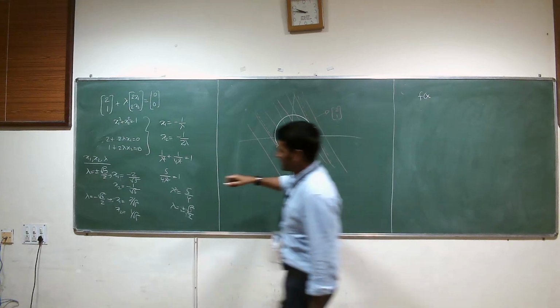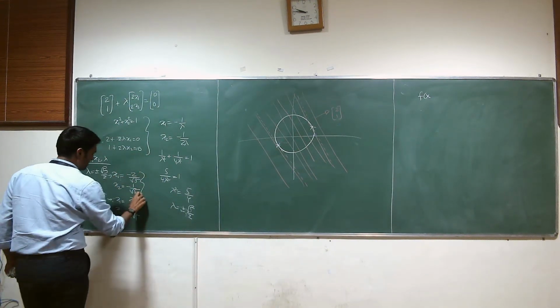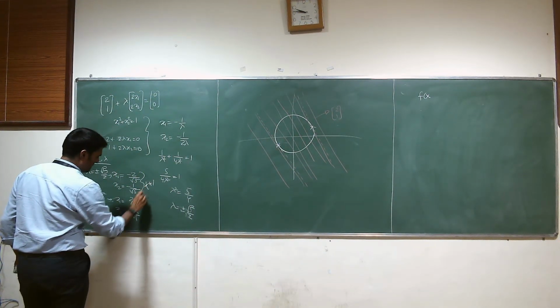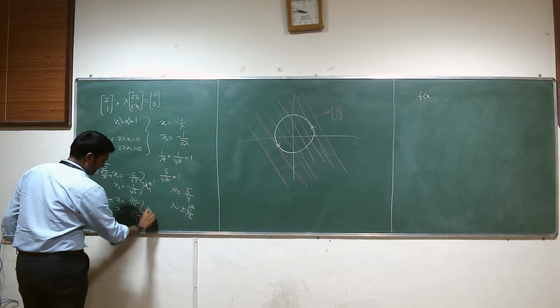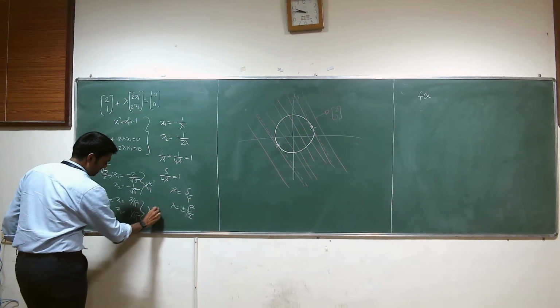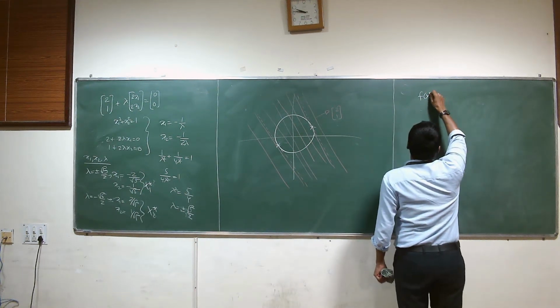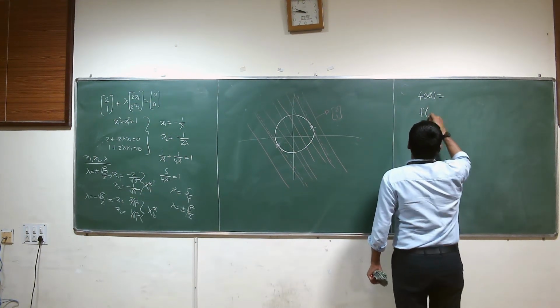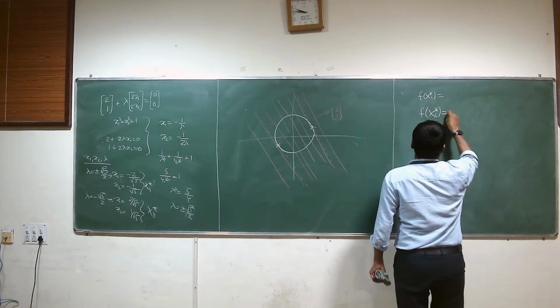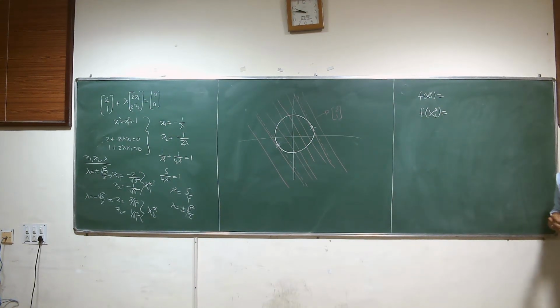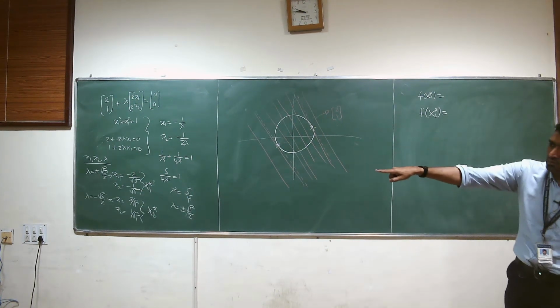Let's say we call it x star 1. What is f of x star 1? Well, you simply substitute for x1 and x2.